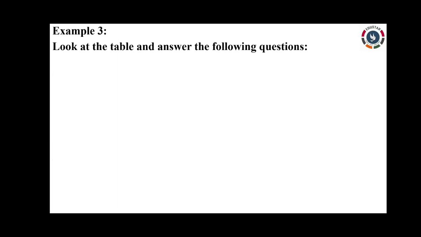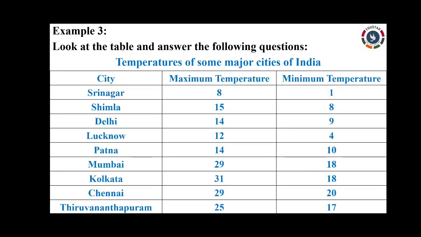One more example. Look at the table and answer the following questions. The temperature of some major cities of India is given in the table. For each city, the maximum temperature and minimum temperature are given.